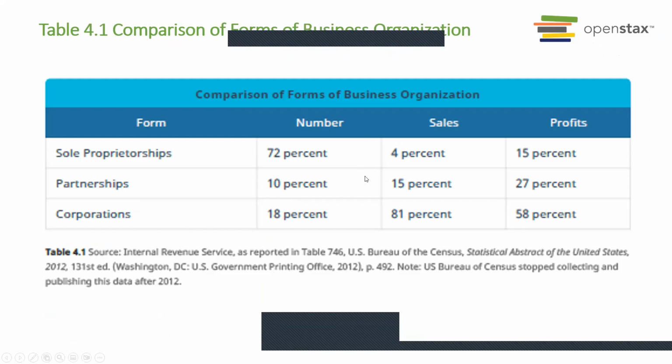This table talks about the forms of ownership in a business organization. There's a sole proprietorship, partnerships, and corporations. Now, a sole proprietorship is a business that you're starting by yourself, such as Kendrick Kim, DBA, Evergreen Real Estate Group.